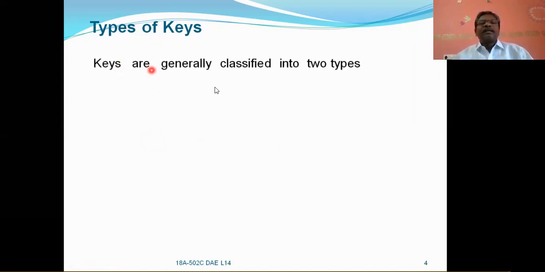Right? So let us see the types of keys. The keys are generally classified into two types. Number one is sunk keys.